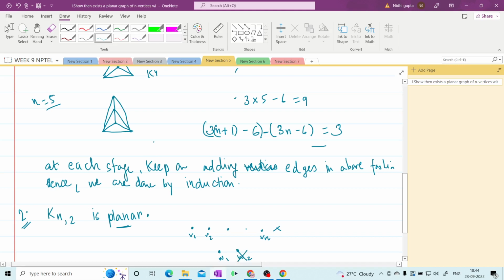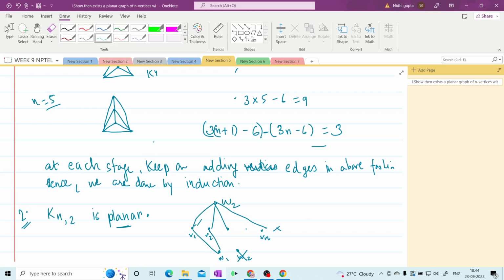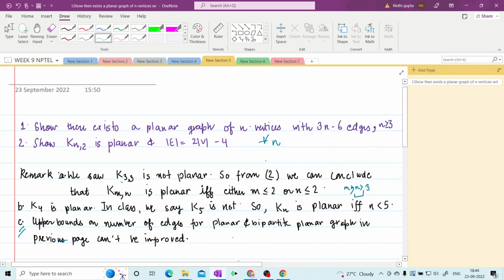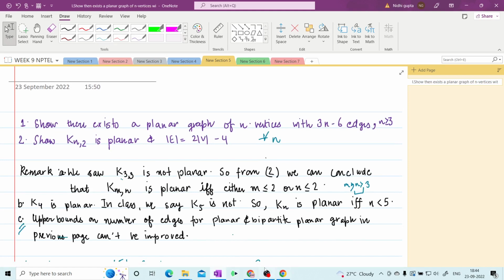So what I do, I put w2 on the top, then I won't have any self intersection. So this is the graph. So we have shown both the things, and these two questions were fairly simple.